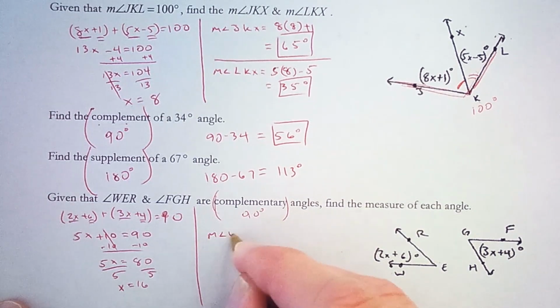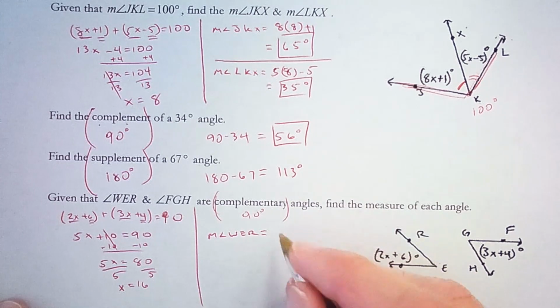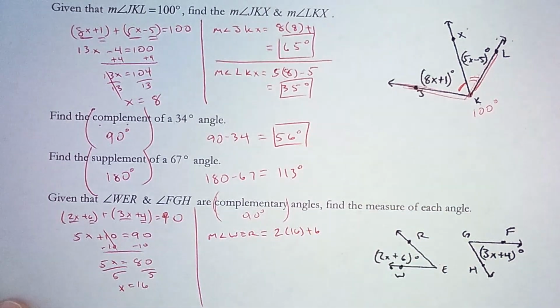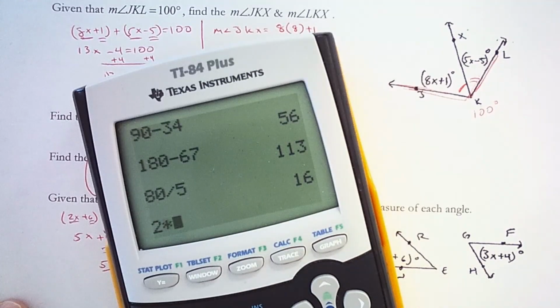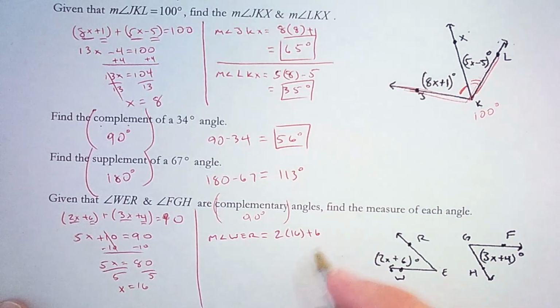The measure of angle WER is 2x plus 6, so that's 2 times 16 plus 6. 2 times 16 plus 6 is 38. So that's supposed to be degrees, not 380. Kind of looks a little like 380.